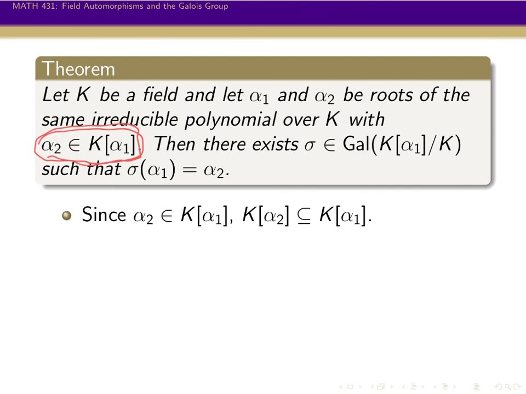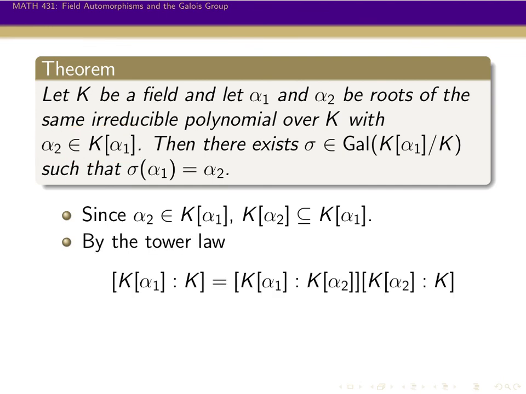And so if alpha 2 is inside K adjoin alpha 1, then I can form any polynomial in alpha 2 using coefficients of K and still stay inside K adjoin alpha 1. And so this tells me that K adjoin alpha 2 is a subfield of K adjoin alpha 1 because it contains alpha 2. Well, now we can use the Tower law to show that this leads to K adjoin alpha 1 being equal to K adjoin alpha 2.